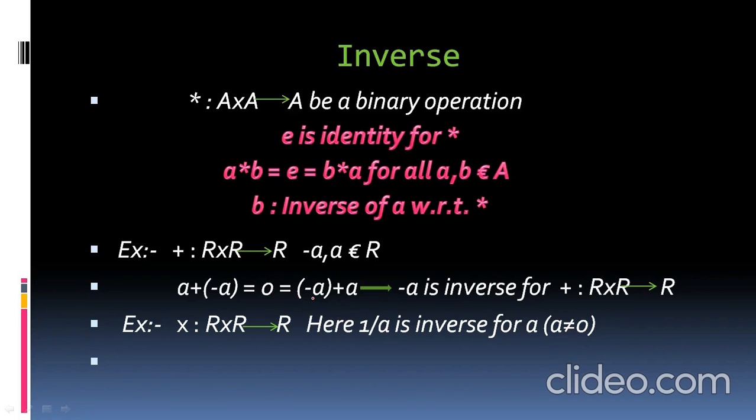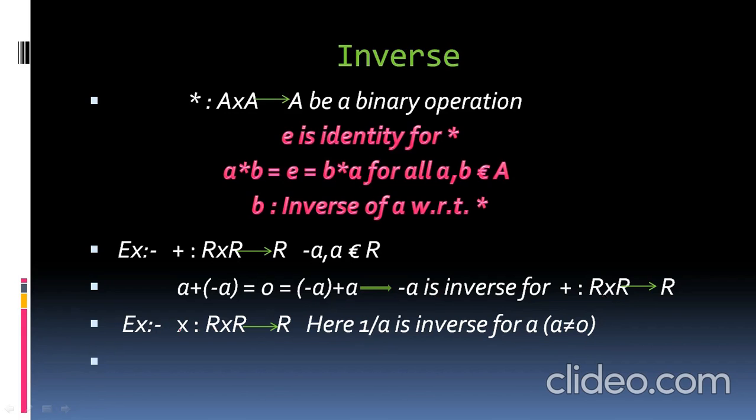Again, if we change the order, that is if we add minus A and A, that is minus A plus A, again we get 0, which is the identity for addition on set of real numbers. So what we conclude? We conclude that minus A is inverse for binary operation addition on set of real numbers.